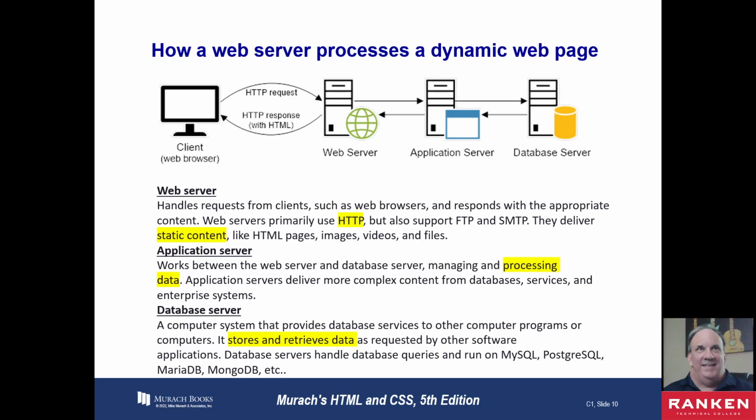C# is one of them, Java, Python. There are various computer languages, and one or more of those could be running on this application server, processing data it gets from the database to return to the web server.